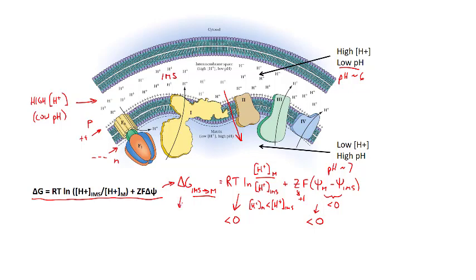So that means that the free energy of moving a proton from the intermembrane space back into the matrix is very negative. It's very favorable. So this means that you can power an unfavorable reaction by coupling it to proton transport from the intermembrane space back into the matrix.